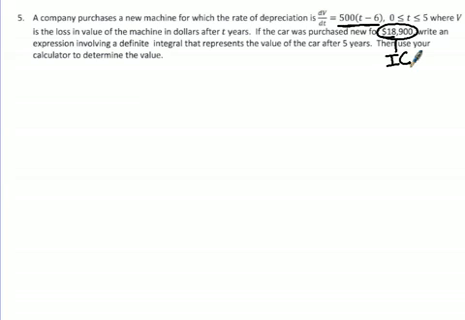They're asking us to write an expression that involves a definite integral and represents the value of the car after 5 years. Well, to find the total depreciation of the car, we need to integrate that function 500 times t minus 6. And we're going to integrate that from time 0 to time 5. But we can't just do that.